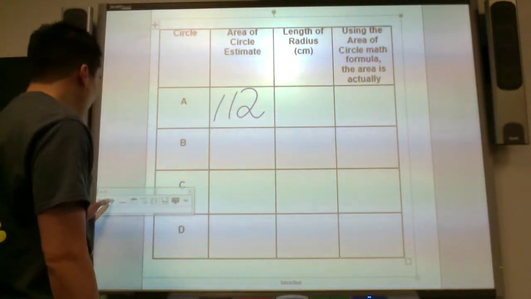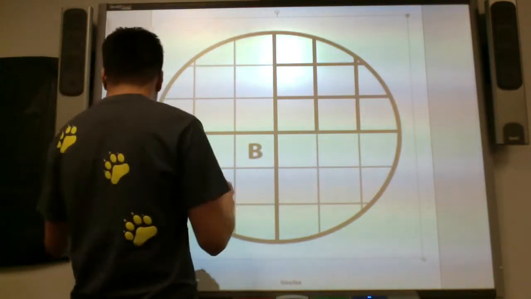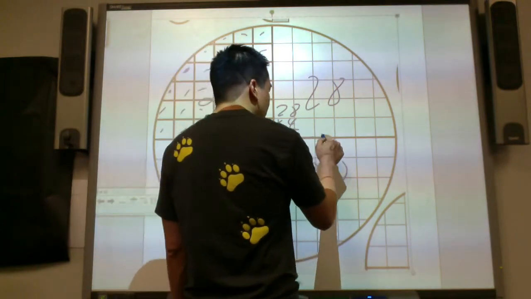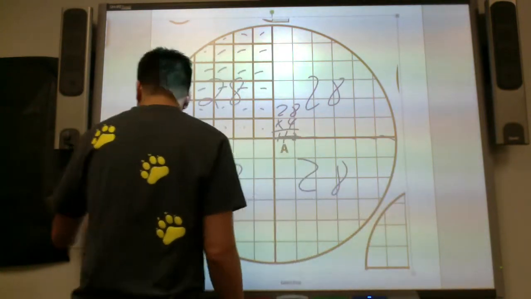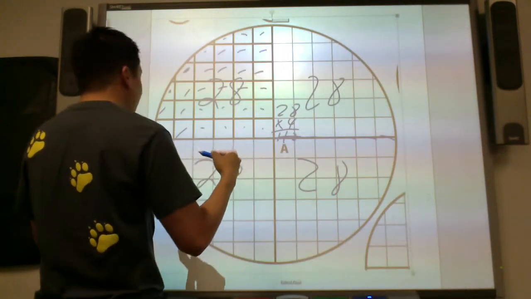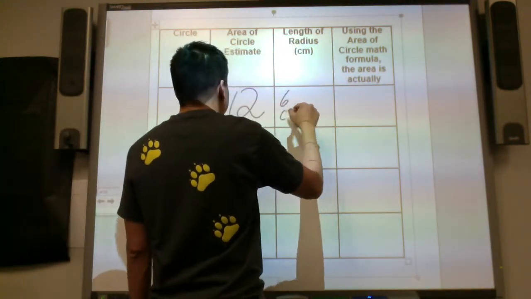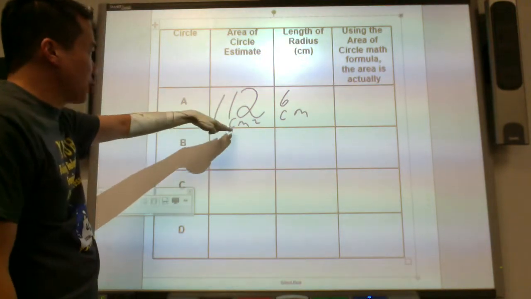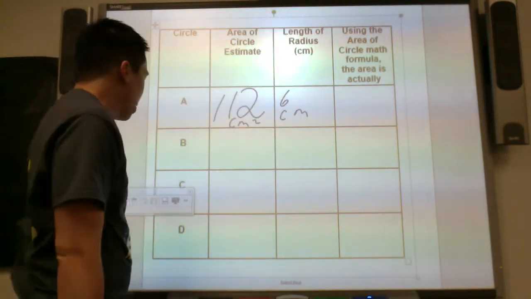What's the length of the radius? The length of the radius is 1, 2, 3, 4, 5, 6. The length of the radius is 6 centimeters. So my estimate is 112 square centimeters in there. There's a formula.